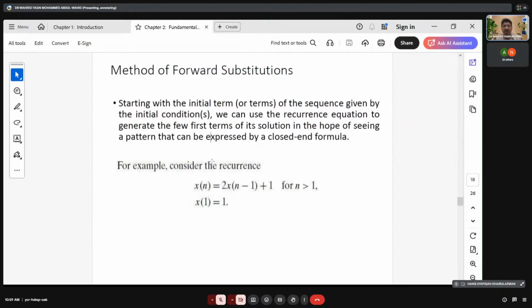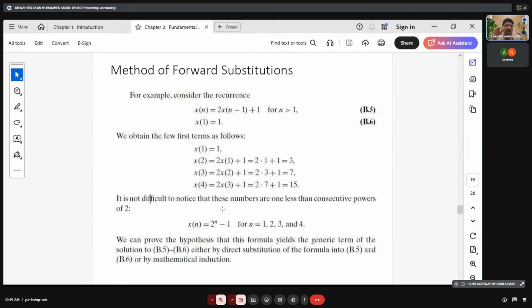So, for example, consider the recurrence x(n) equals 2x(n minus 1) plus 1 for n greater than 1, x(1) equals 1. Most of you got some of the questions wrong, this one. So you have the method of forward substitution. We have here 2x(n minus 1) plus 1. We replace n with 1.